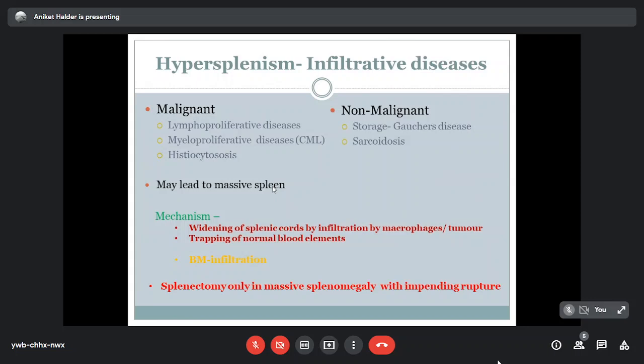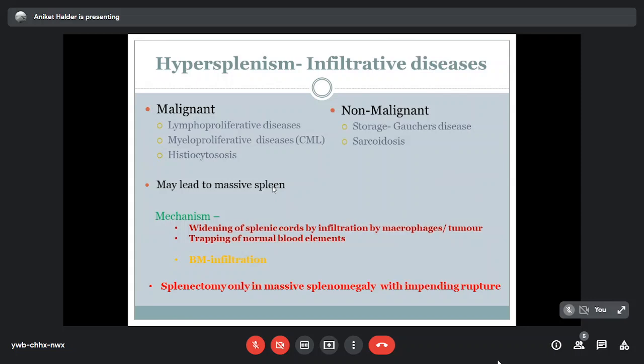It should also be borne in mind that in these infiltrative diseases, the cause of cytopenias is not always due to the widening of the splenic cords. It can also be due to infiltration by these cells.